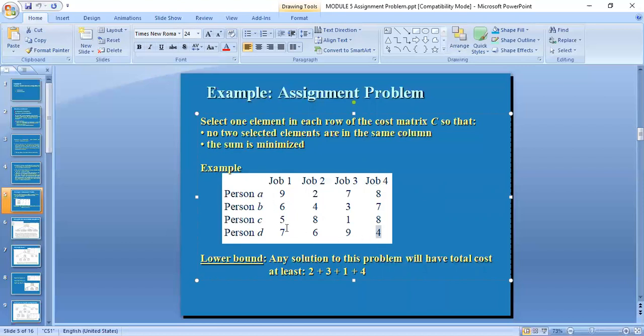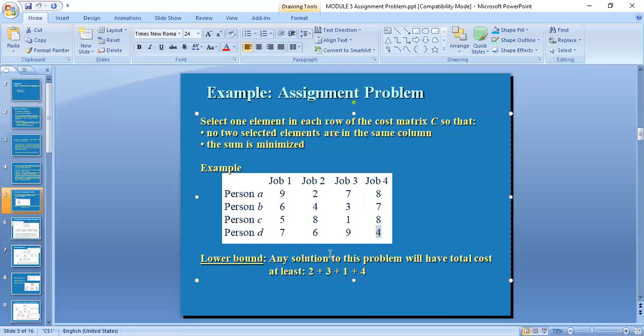This is how you are going to assign it. Now, whenever you assign it, you cannot assign it randomly. You should see to that the sum of all the assignments is going to be a minimum value. You minimize it because this is a minimization problem. We aim for a minimum value. So here we need to calculate the lower bound value.